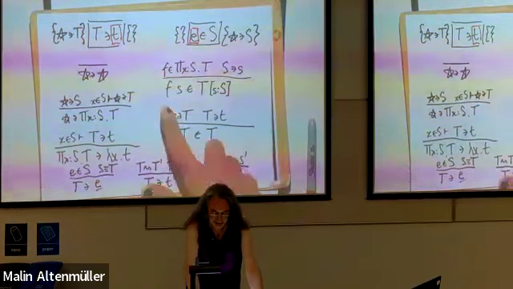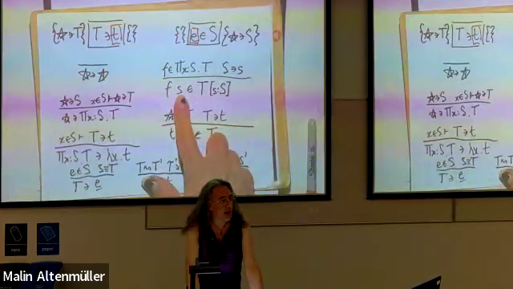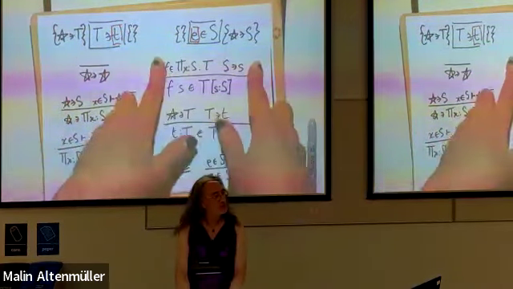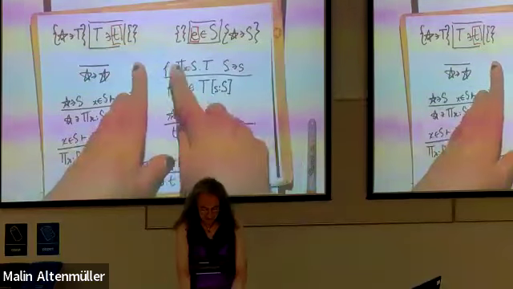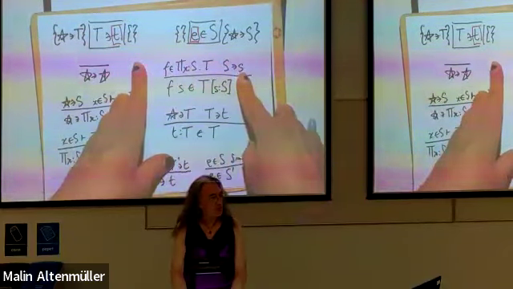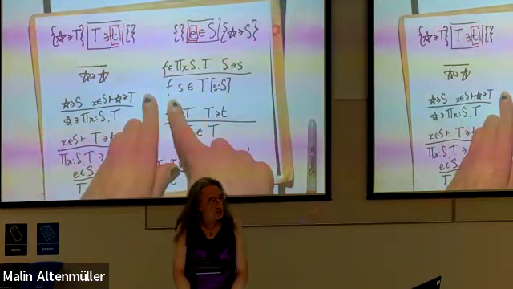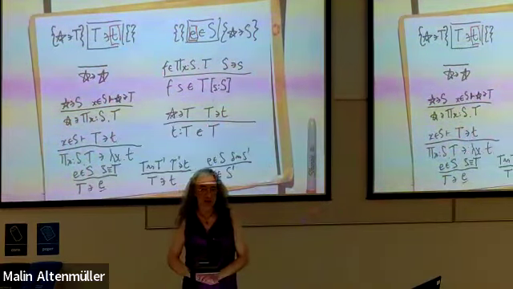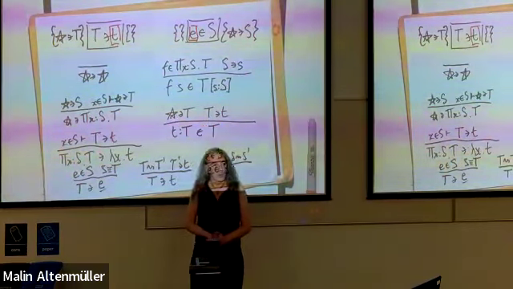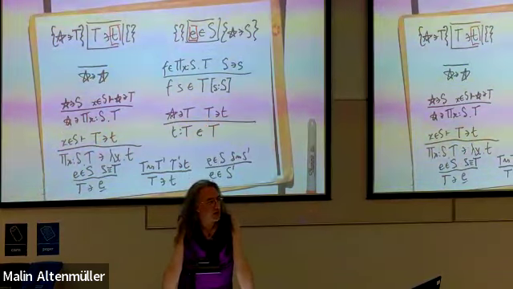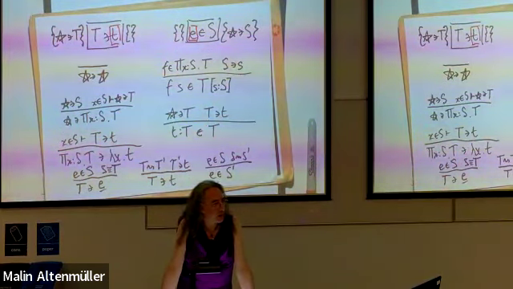So this F and this S play the role: the only subjects in the premises, the subject F and the subject S in these two premises, are coming from the subject of the conclusion. And that tells us there is some hope for doing an induction on derivations that might just work.